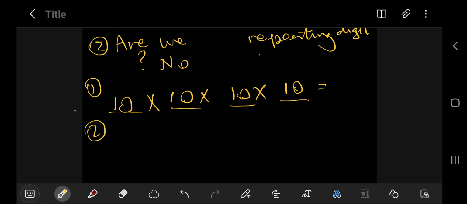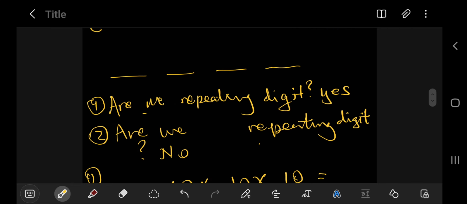But what about if we are not repeating? Again we have four spaces, because we're generating a 4-digit pin code, right? For the first digit, how many options do you have?